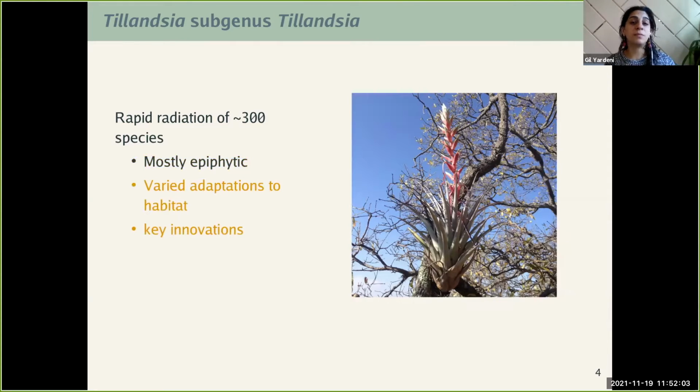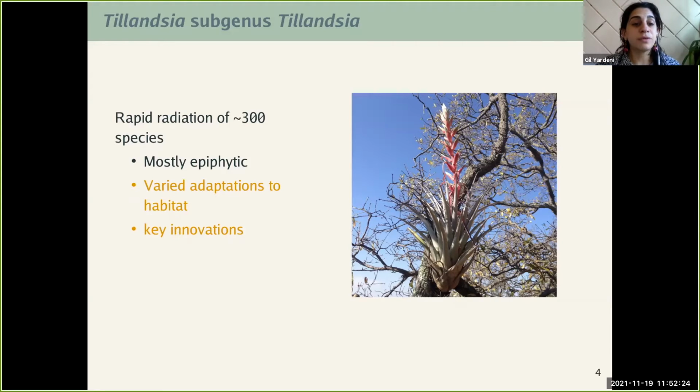We see different adaptations to their habitats. We see repeated shifts of photosynthetic syndrome, both CAM photosynthesis and C3 photosynthesis, different pollination syndromes, and these are considered key innovations, which means that they accompany diversification in the genus.